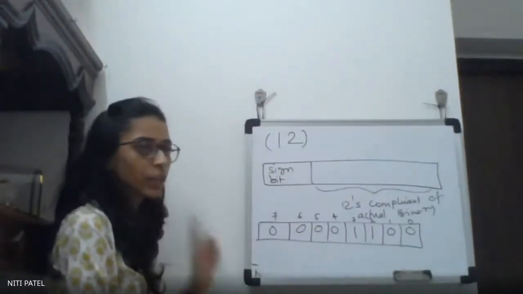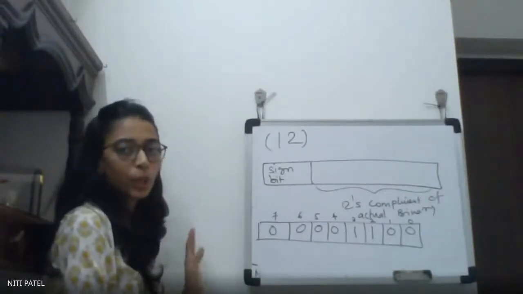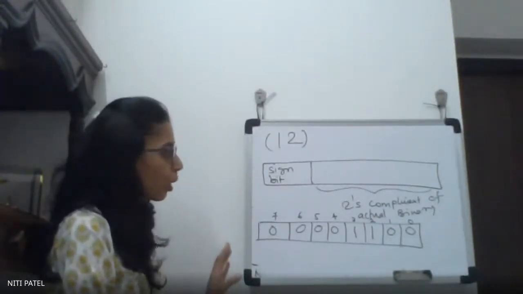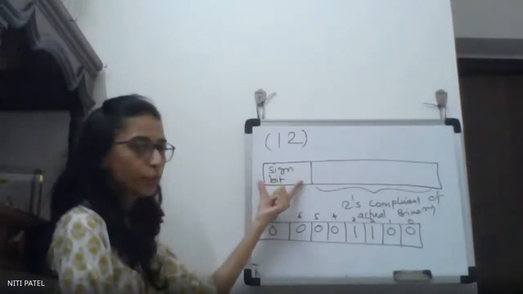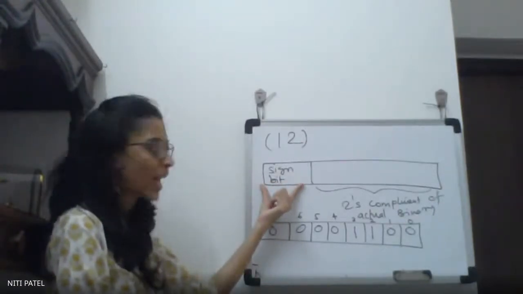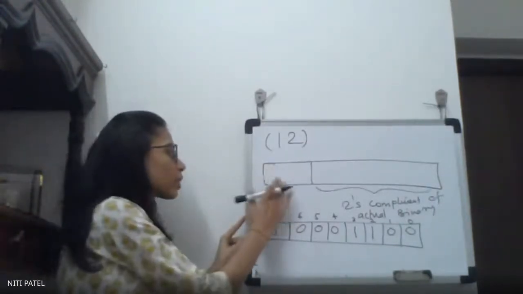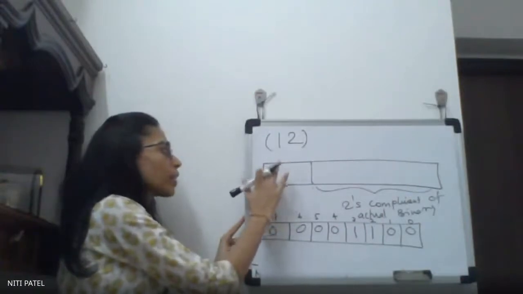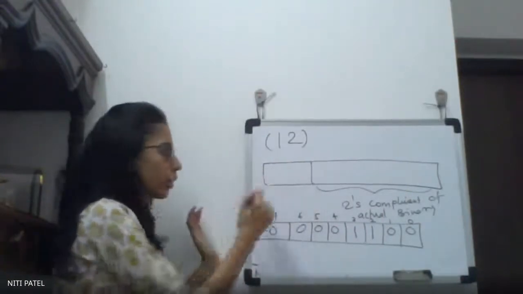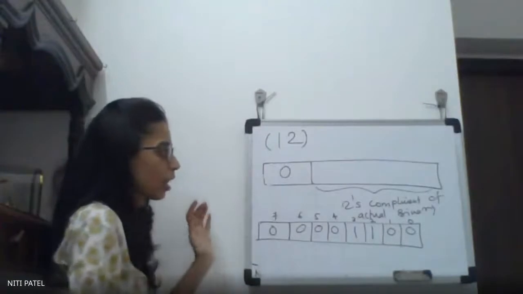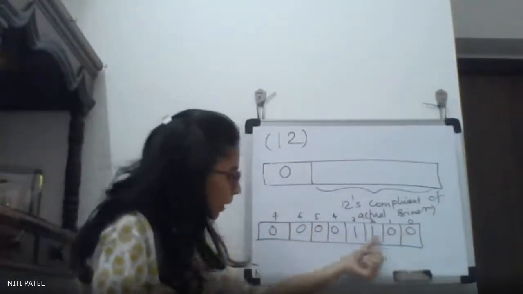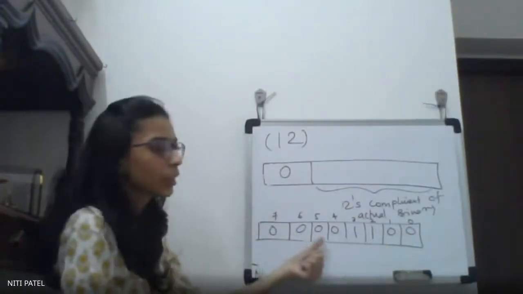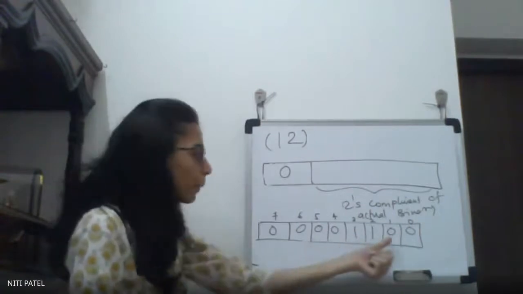Have I calculated its 2's complement? No. Now to do the 2's complement, what is the format? The first bit represents your sign. So what will be the sign, 0 or 1? 0. Why 0? Because the number is positive. So this will be 0 as it is. What I have to do with the remaining bits is convert them into 2's complement.